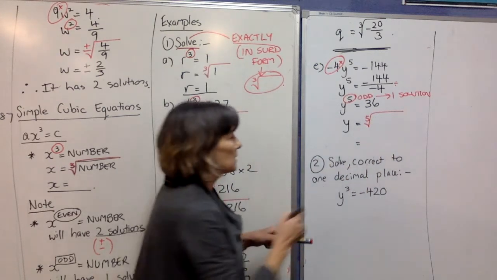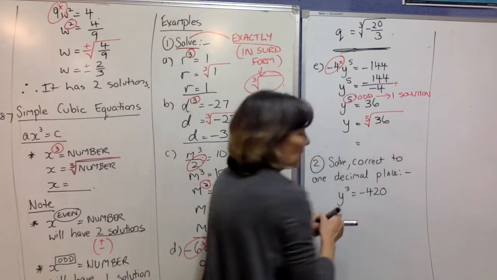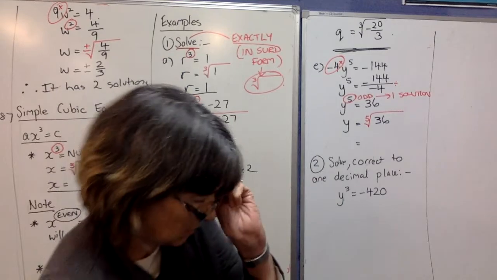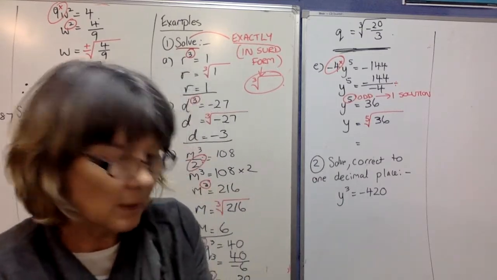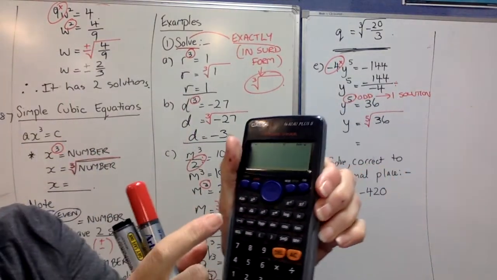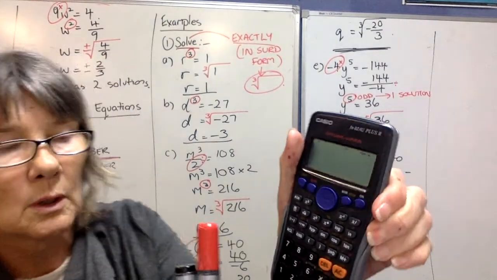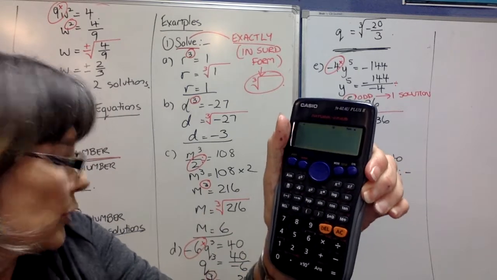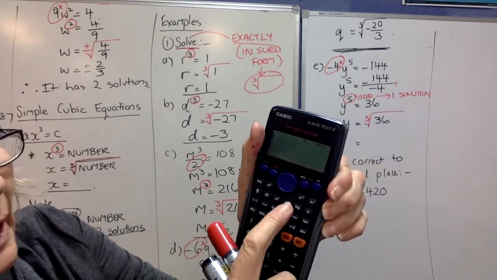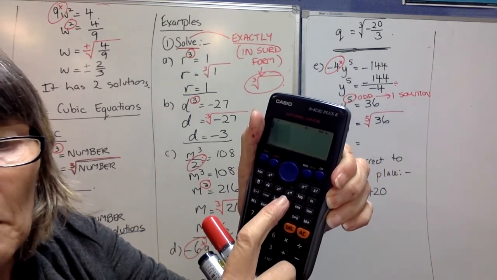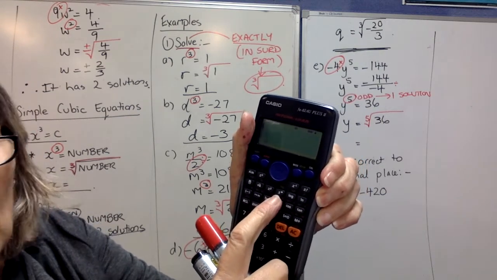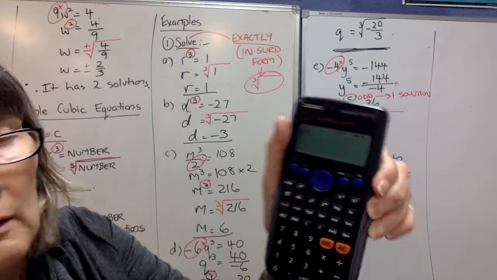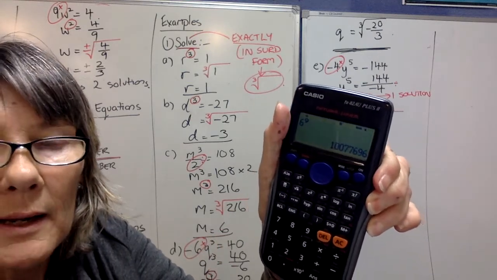of 36. Now how do you do that on a calculator to see if we've got a messy answer or not? Let's have a look. All right, so the only thing that your square root button can do is the square roots and the cube roots. It can't do any other roots. So if you have a look over here, we have a button that says x to the power of, and there's a square there. That's for all powers. So I can do 6 to the power of 9 and get that answer.